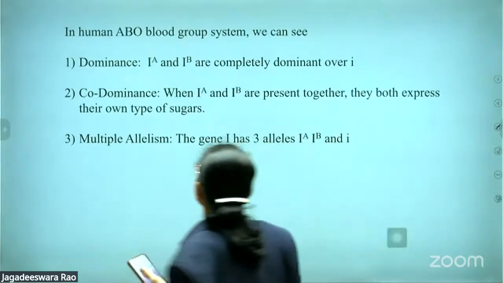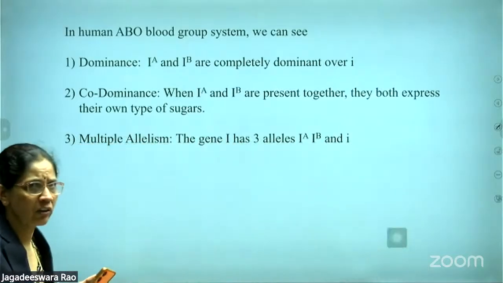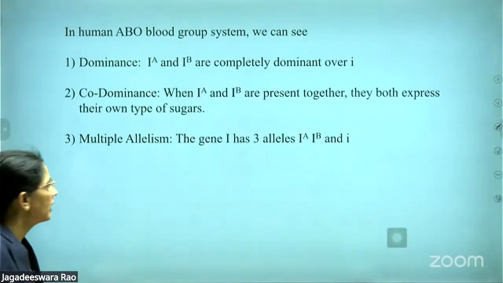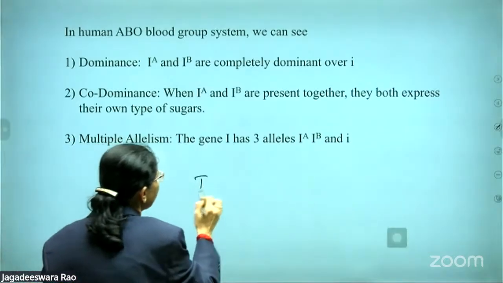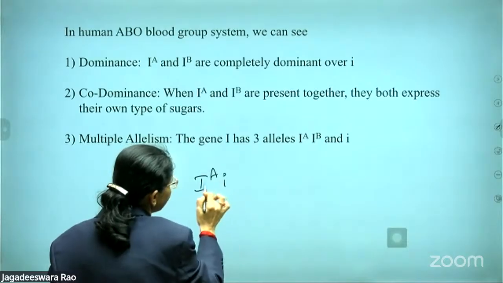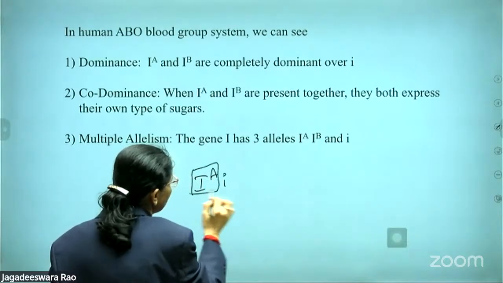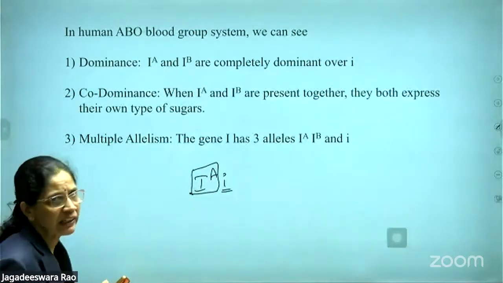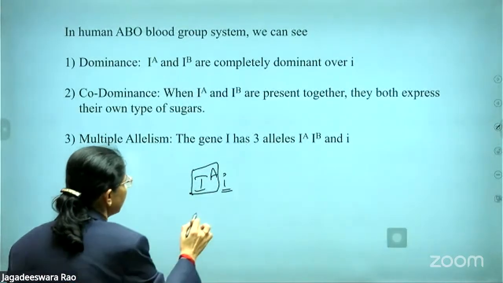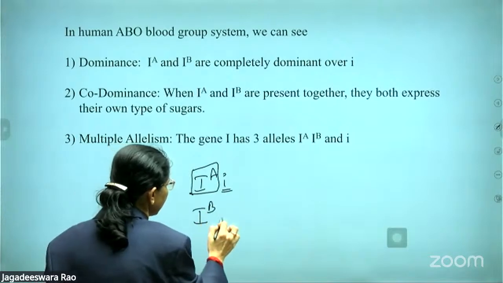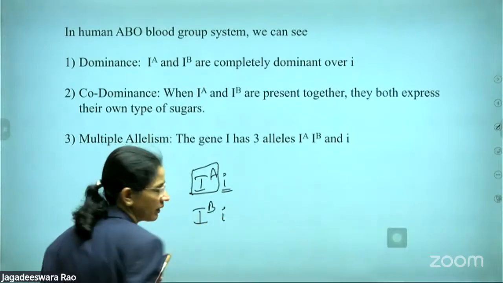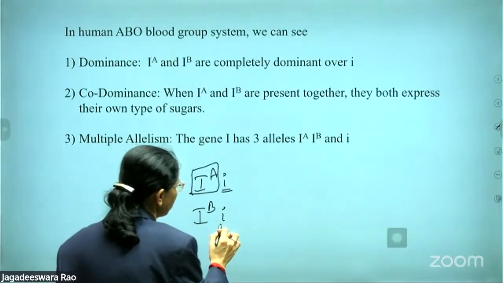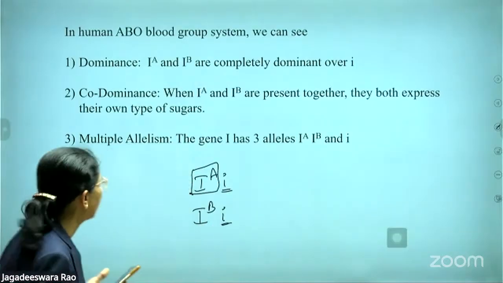In ABO blood group system, as I already told, it shows the phenomenon of dominance. If you observe IAi, this IA gene is completely dominant over the recessive gene i. And in IBi, that is antigen B is completely dominant over the recessive gene i.